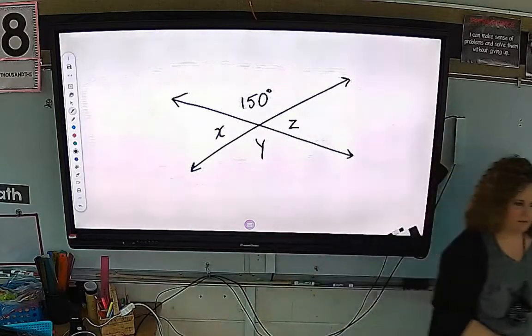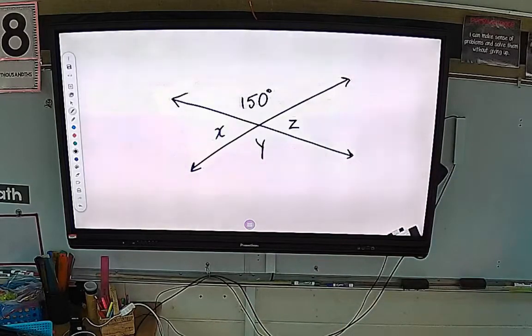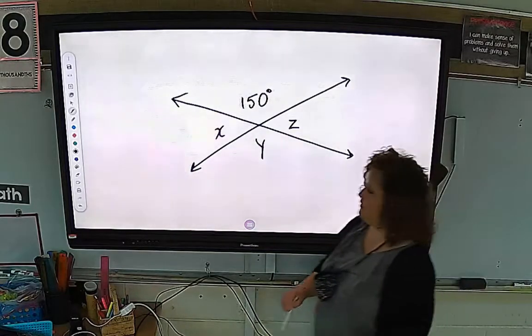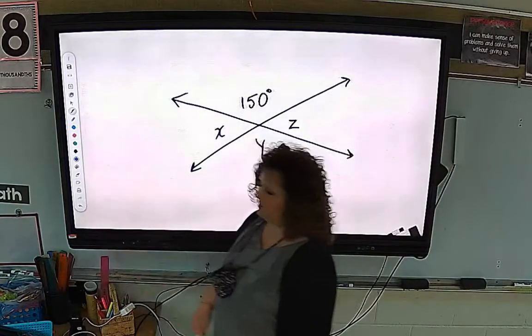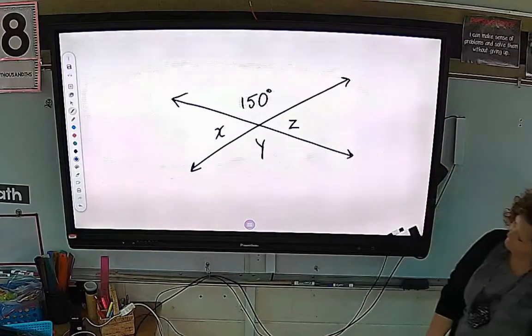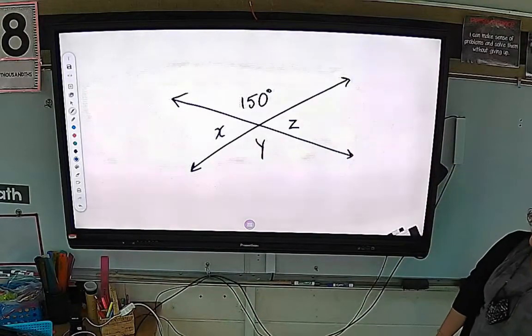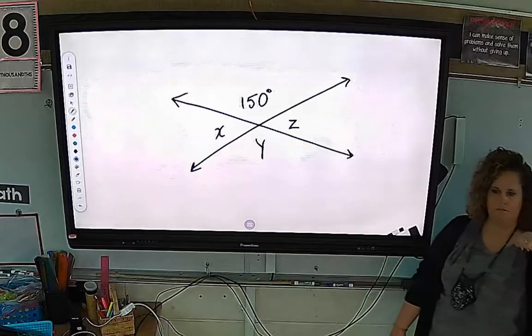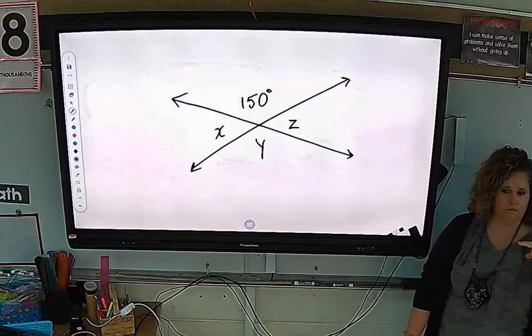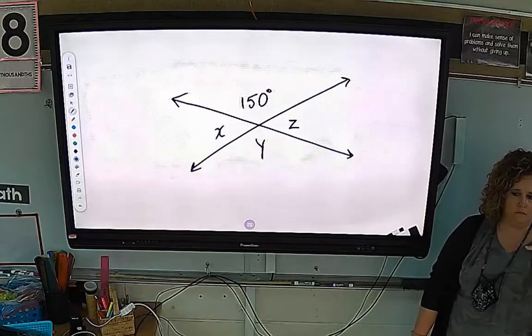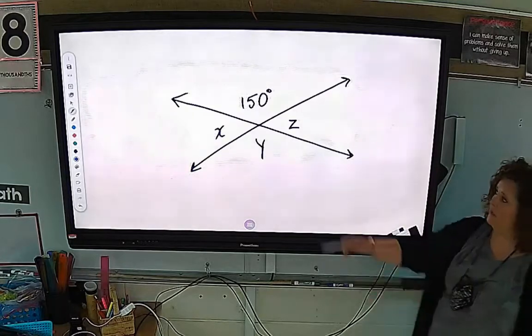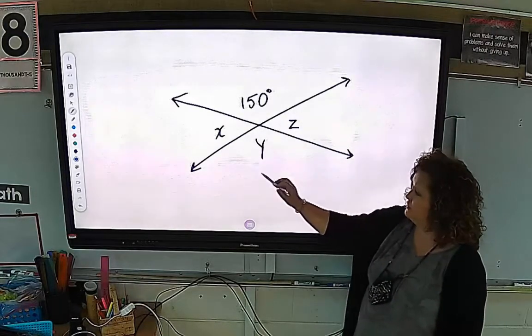Can I do that? Yeah, and it becomes pretty simple if you remember a little rule that we learned. Okay? What would that rule be? Okay, it's equal, isn't it? So y is equal to 150.